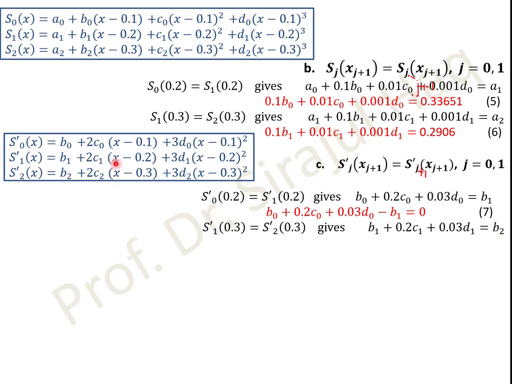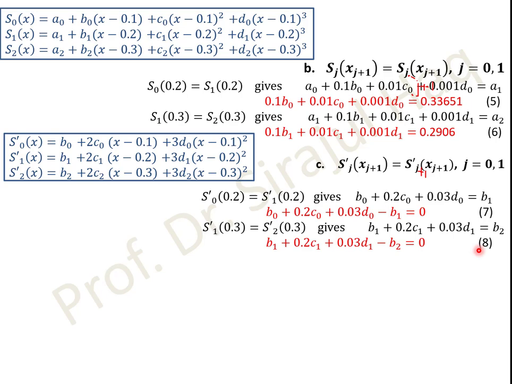And when you replace x by 0.3 over here, this will become 0.1, this will become 0.1 whole square. If you simplify this one, this will be b1 plus 0.2 c1 plus 0.03 d1 is equal to b2. And if you rearrange this one, what I did, I shifted b2 to the left hand side, and this is equation number 8. Out of 12 equations, we got 8 equations.